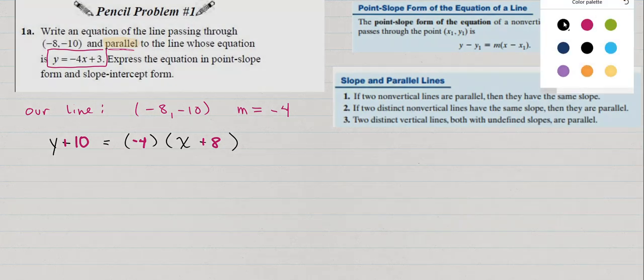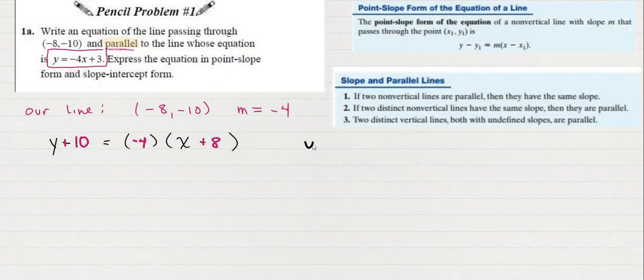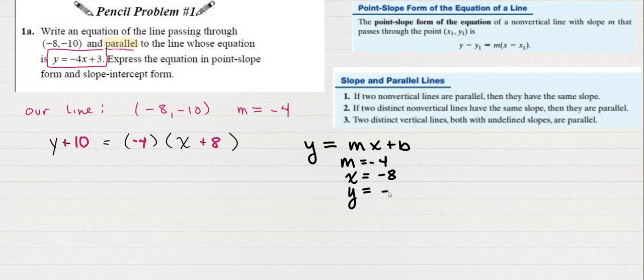Now if we solved this for y, we'd get our equation. But let me show you another way to do this also. We could also just use y equals mx plus b. We're going to replace m with the negative 4, replace x with the x of our point, and replace y with the y of our point. If I do this and solve for b, I'll have the equation also.